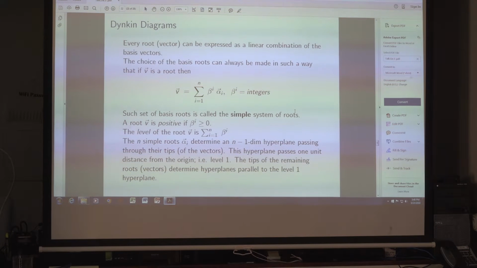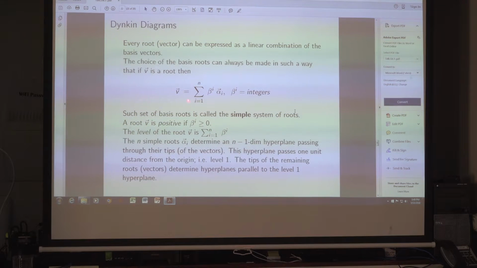A root is positive if the numerical coefficients involved in the superposition are always positive. What they call the level of the root is given by adding the coefficients attached to each simple root. A root will have a higher level the higher this summation is.